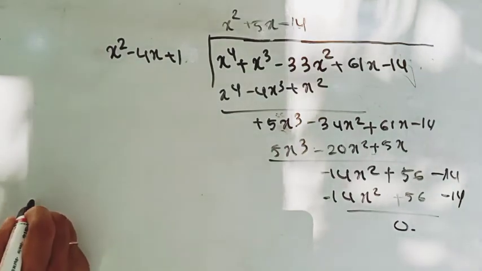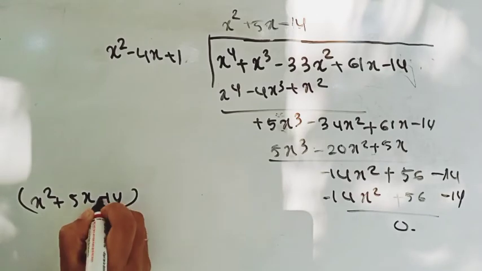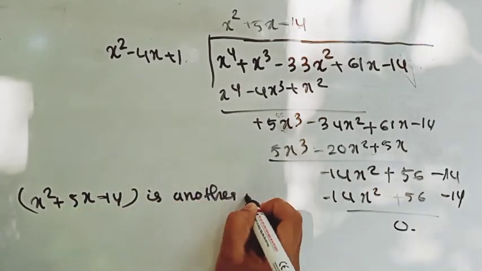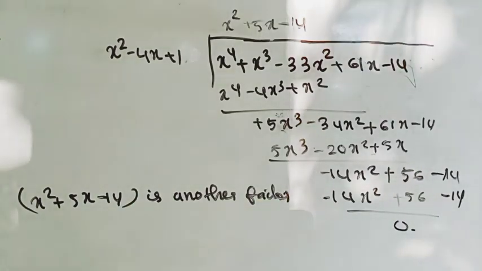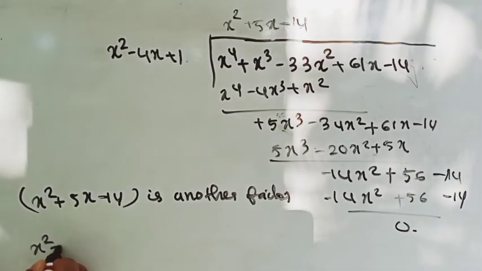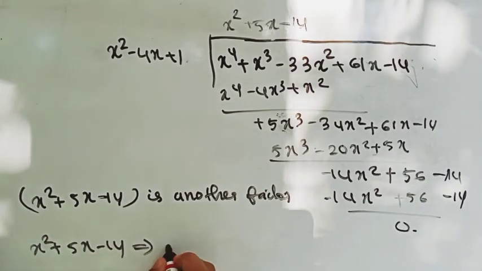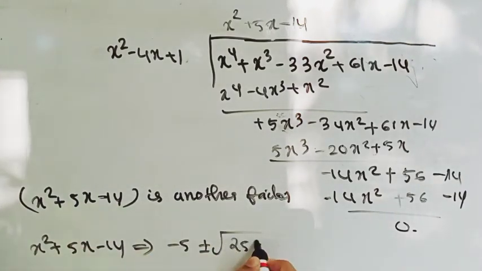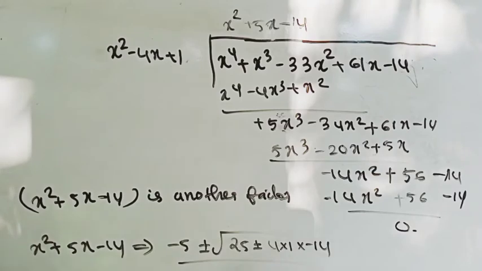So x square plus 5x minus 14 is another factor. By solving this equation, we can get two more roots. It is x square plus 5x minus 14, which implies x equals minus 5 plus or minus root of b square minus 4ac, that is 25 plus or minus 4 into 1 into minus 14, divided by 2.